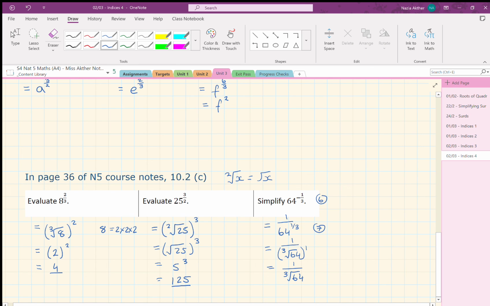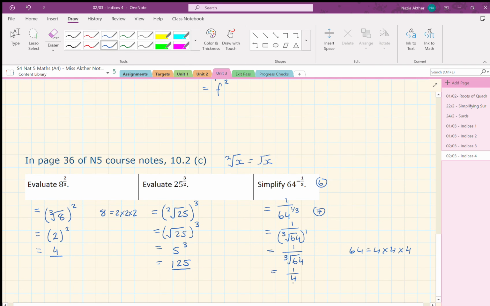Now we need to work out what the cube root of 64 is, which is 4, because 64 is equal to 4 times 4 times 4. So then I have 1 over 4, a quarter, as my final answer.